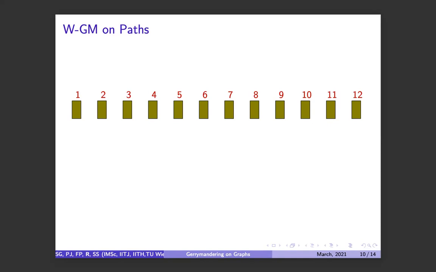So here you have these voters 1 to 12, and they are the vertices of a path graph.